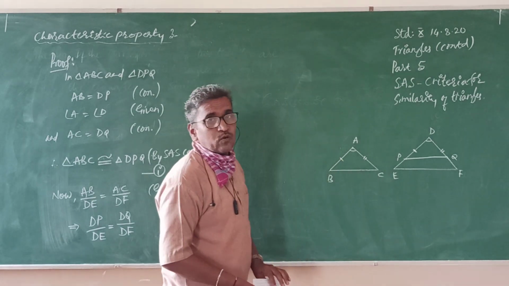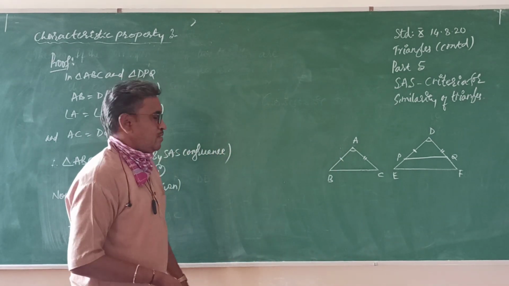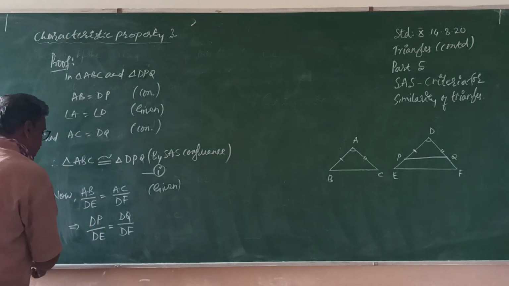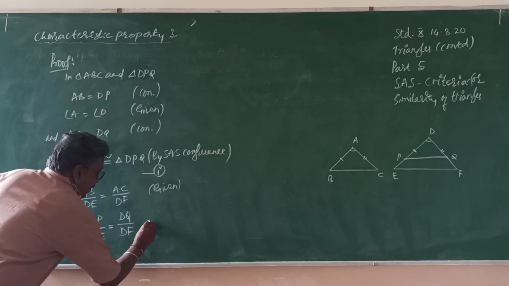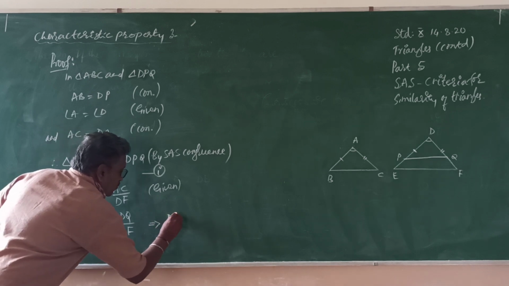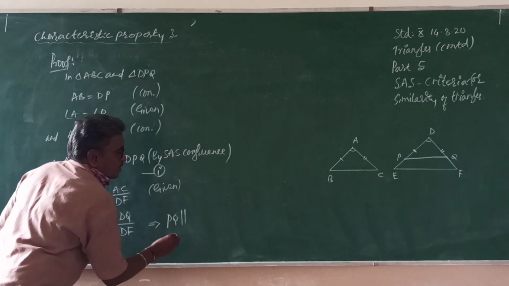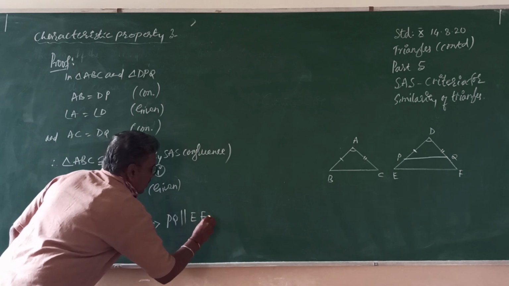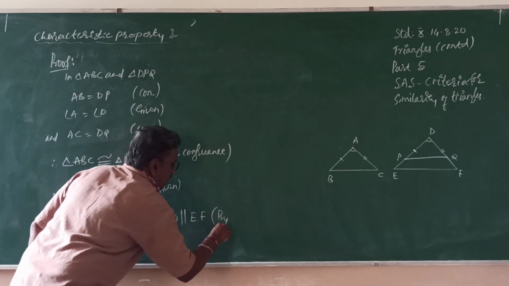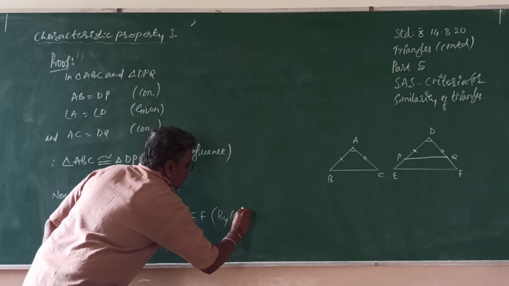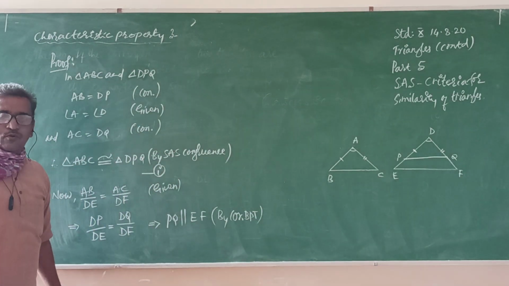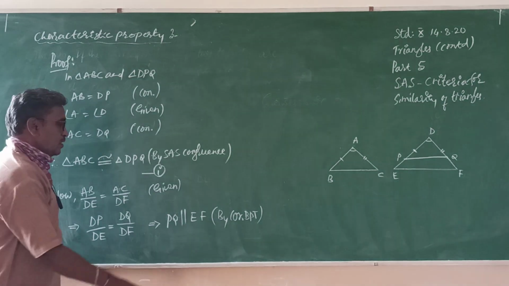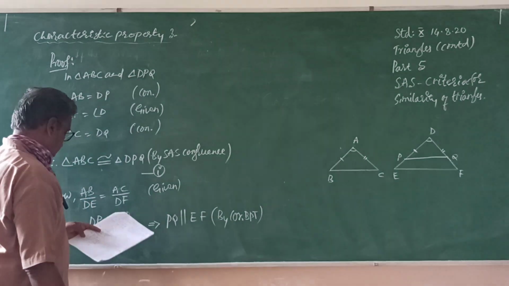This is how we have constructed. So DP by DE is equal to DQ by DF implies PQ parallel to EF, by the corollary of BPT.